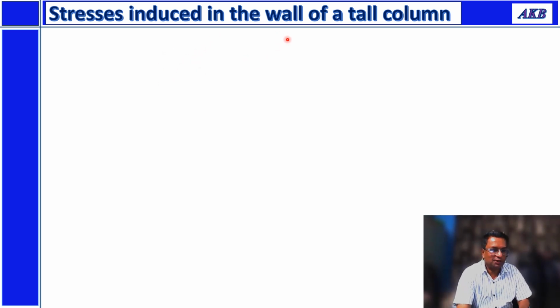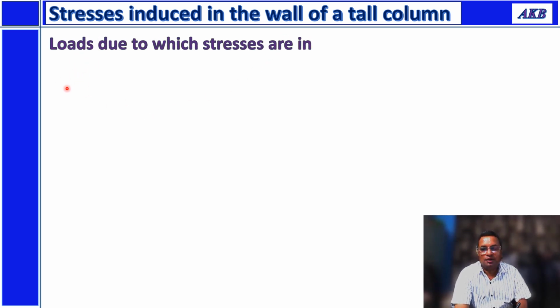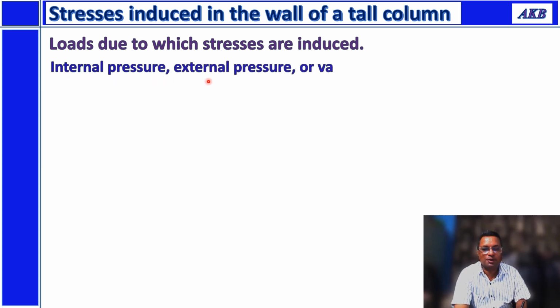So to begin with, let us understand various stresses that are induced in the wall of a typical tall column. First, we will see the loads that are responsible for stresses, the loads due to which stresses are induced. You have internal pressure, external pressure, or vacuum. Under the influence of these loads, longitudinal or axial stress will be induced in the wall.